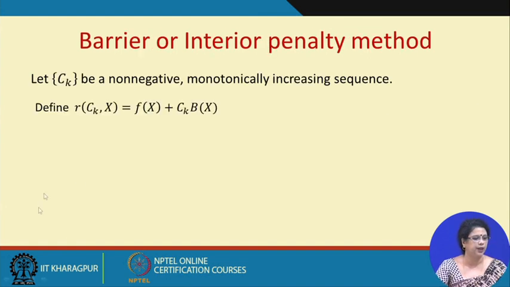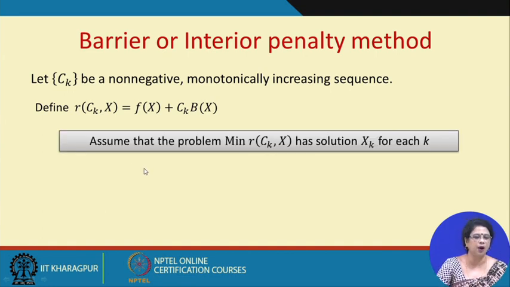Now, if we again consider there is a sequence of C. We got the impression of what the property of B(x), the barrier function, should be, but we do not know the property of C, how C behaves within the feasible space.